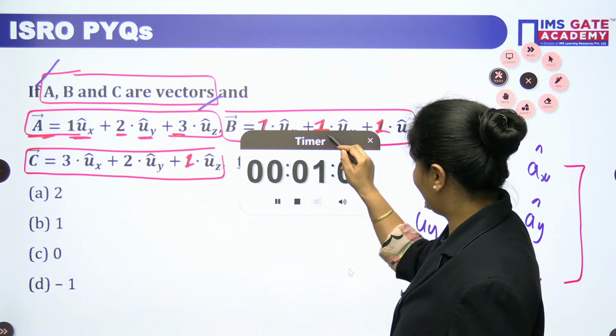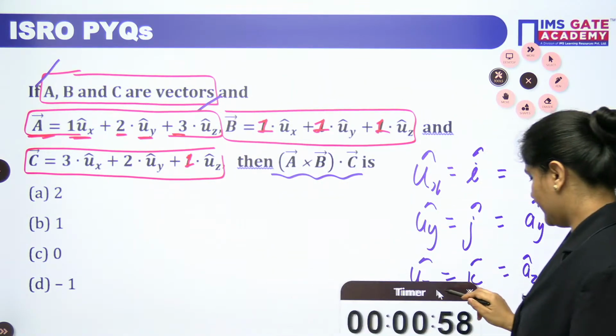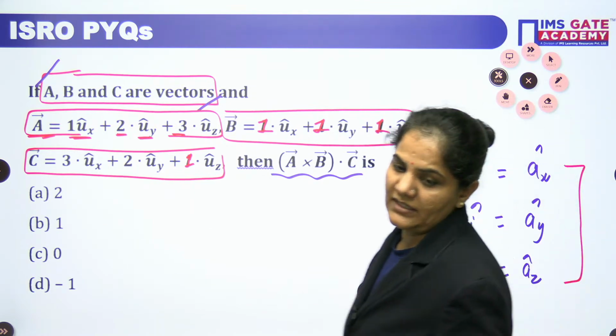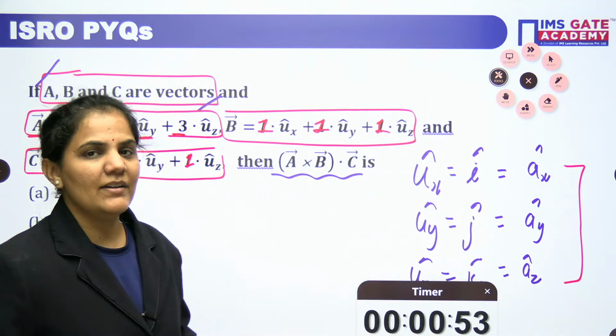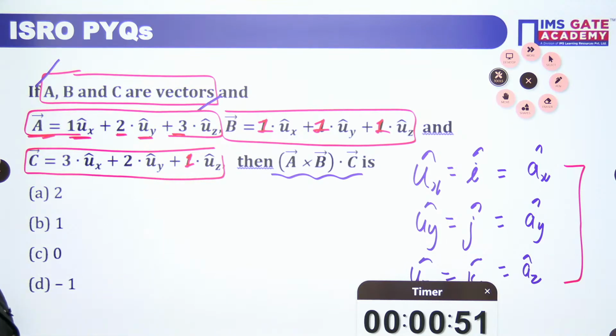I hope you have already started solving the question. We have all the vectors, A vector, B vector and C vector. We can approach it very easily.